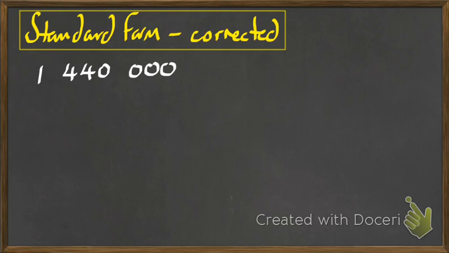So what we're going to do is write the number 1,440,000 in standard form. So what do we need to do? Well, we open our toolkit of standard form, and from our toolkit we pull out the fact that we have to have a number times 10 to some sort of power. P for power, like what I've done there.